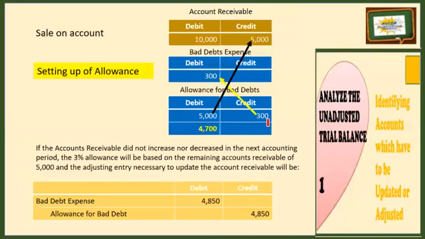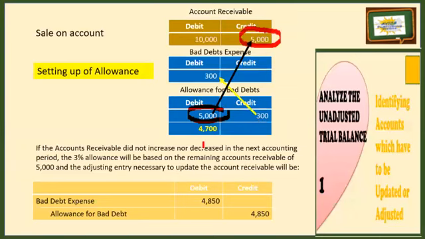If in the second month, Dr. Guevara can no longer be found and his credit is 5,000, then that 5,000 will be debited to the allowance for bad debts and credited to the accounts receivable.